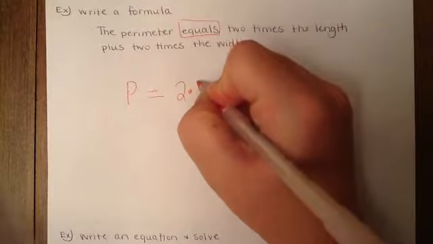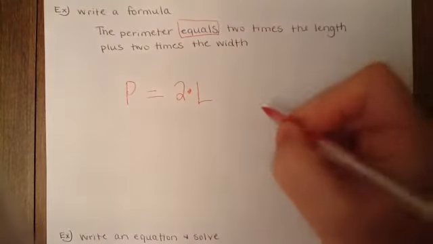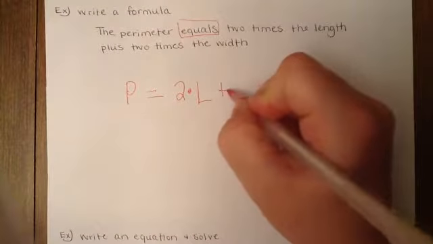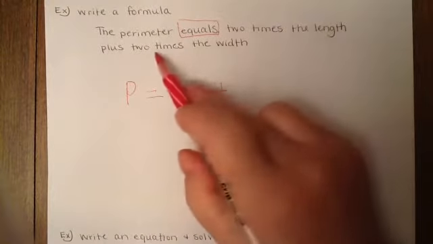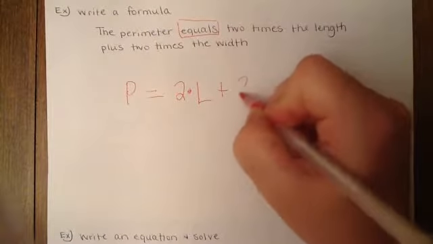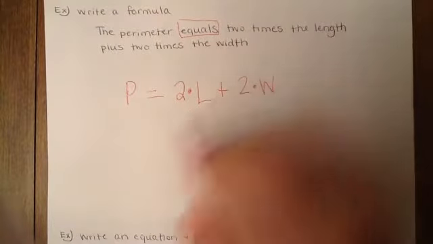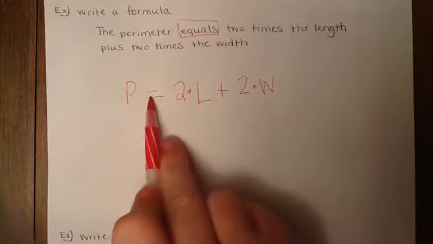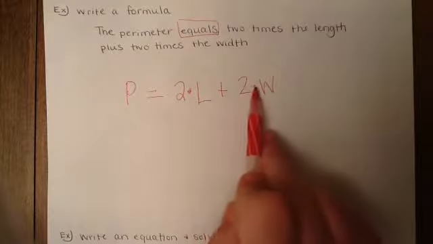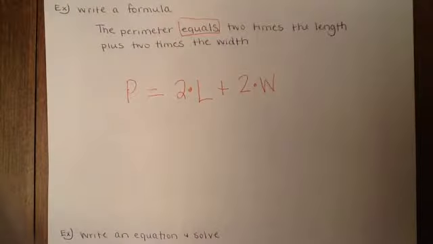No, so what will you put there? An L. Plus, what operation is that? Addition. 2 times the width. What's that going to look like? 2 times the width. So the perimeter equals 2 times the length plus 2 times the width. Awesome.